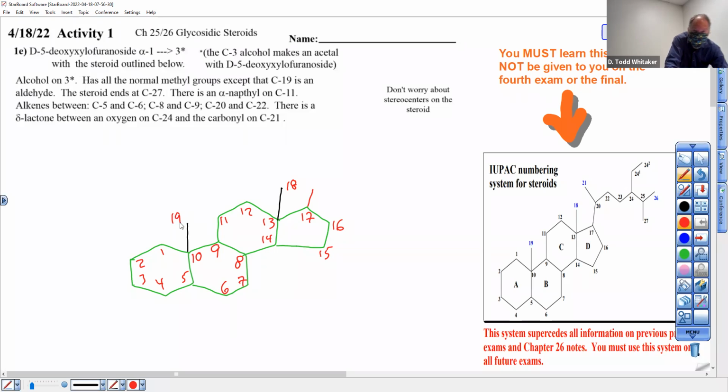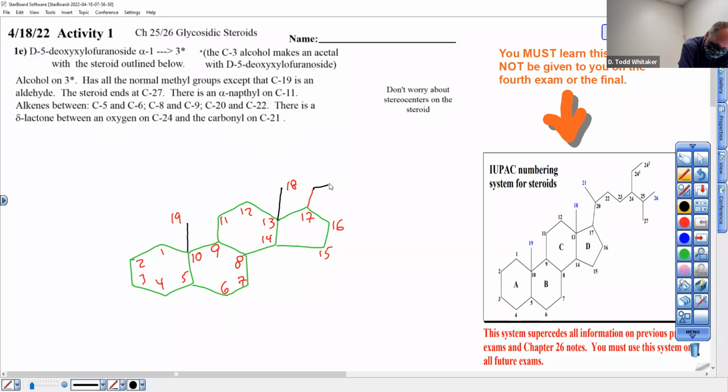So don't make 18 attached to 17, clearly. 18 is that methyl up there. 19 is that other methyl over there. 20 is what's attached to 17. So 20, and it says this steroid stops at number 27. So it says we have all of the carbons. Okay. So let's do all the numbers. We got the 20.